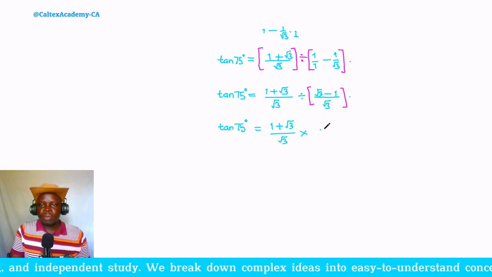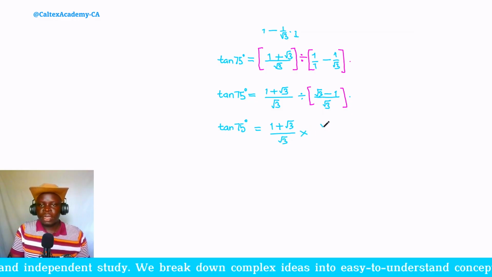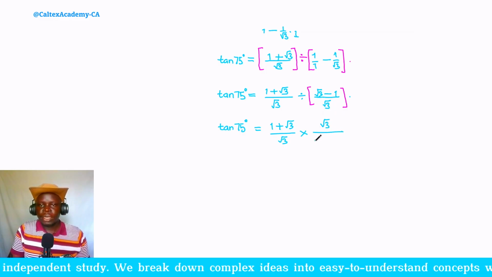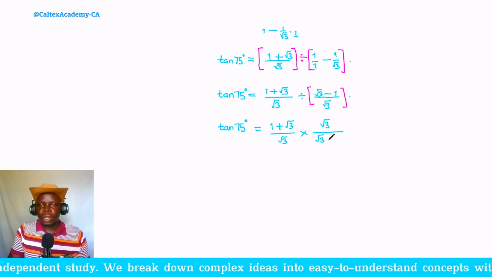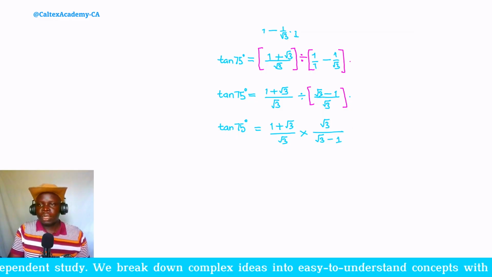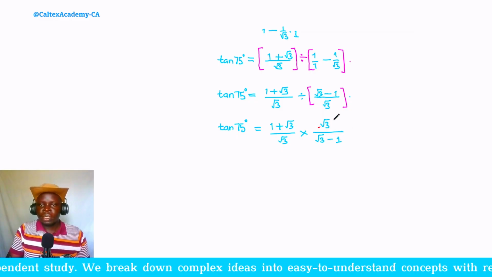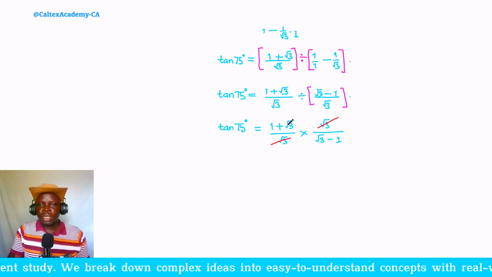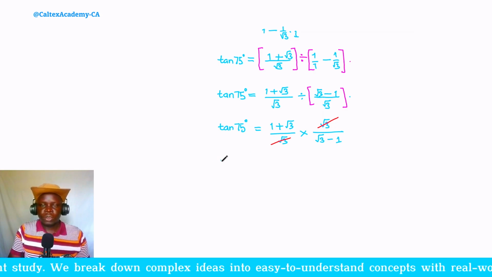And this is multiplied by, so the next term here, the numerator becomes root 3. We divide this by the denominator, that is root 3 minus 1. And now the good news here is this diagonal numbers root 3 will go, and we're left with only from the numerator 1 plus root 3.